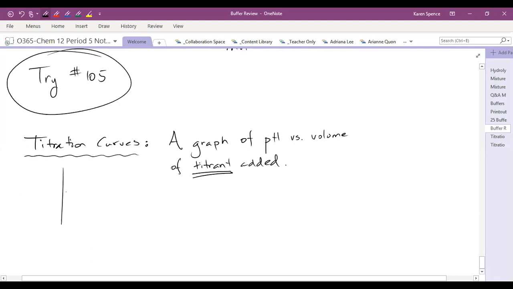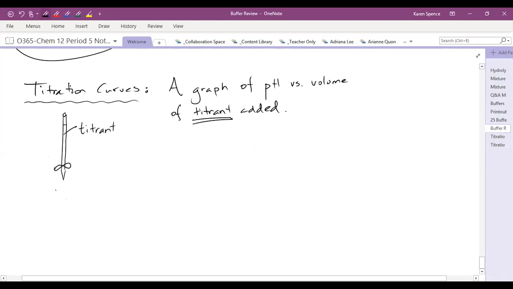Well, the solution in your burette is called the titrant, and the solution in the flask is called the analyte, also known as the sample.